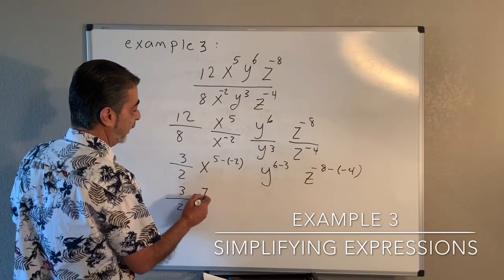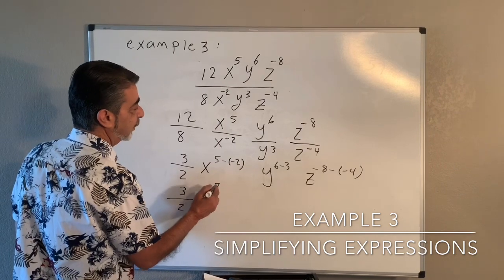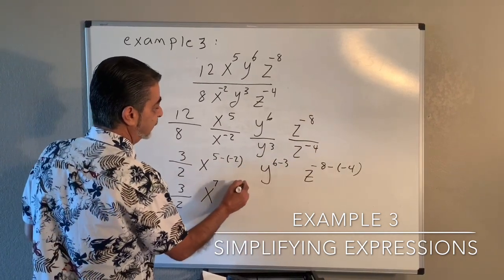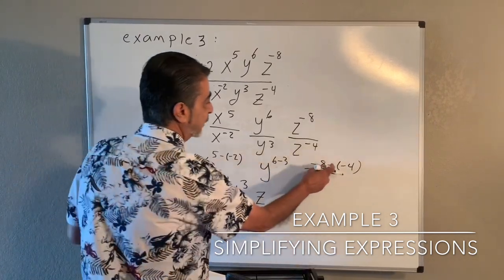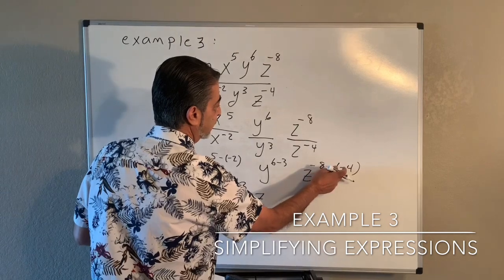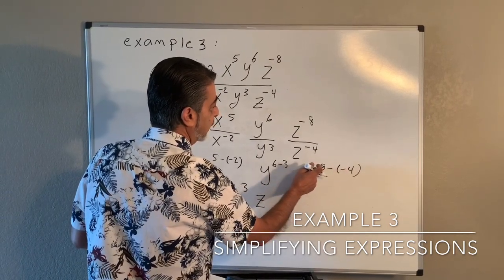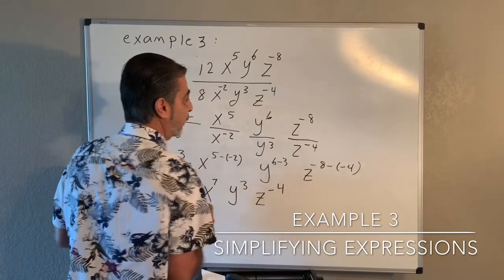So it's going to be x to the power of 7 positive, and y to the power of 6 minus 3 is 3, and we have z to the power of, negative times negative is positive, that's going to be 4 positive minus 8, that's going to be negative 4.